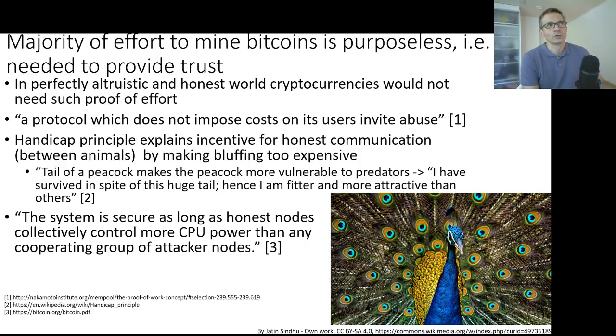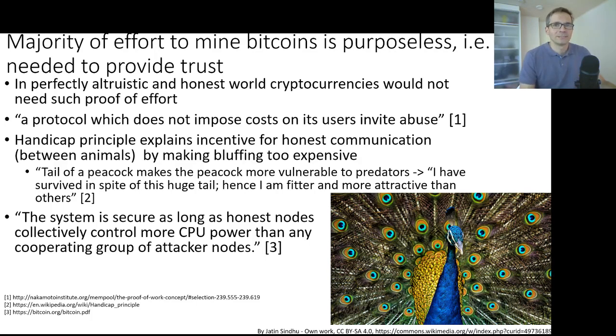The tail of a peacock makes the peacock more vulnerable to predators. In other words, it is saying, I have survived in spite of this huge tail, hence I am fitter and more attractive than others. To repeat, the Bitcoin system is secure only as long as honest nodes collectively control more CPU power than any cooperating group of attacker nodes.